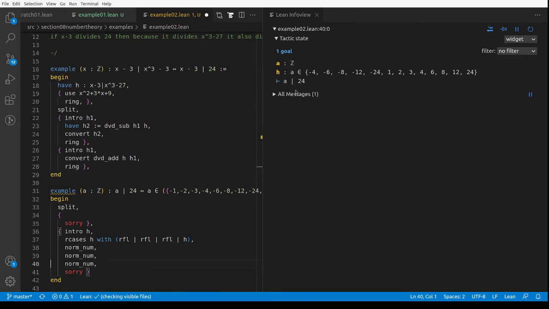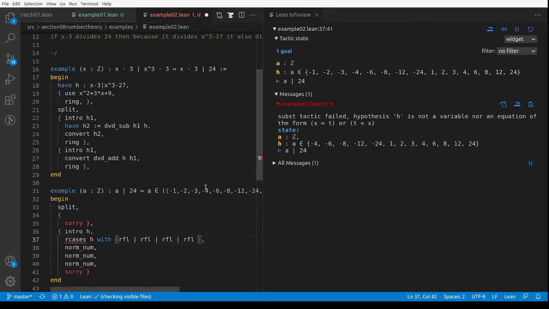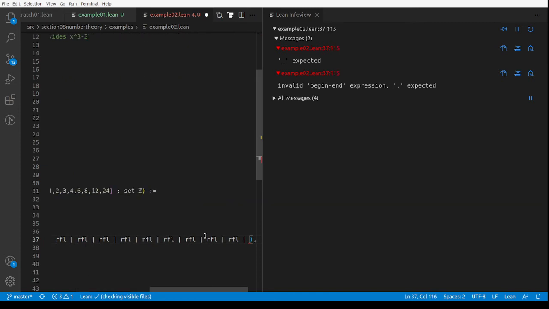You see. So rfl, that's 1, 2, 3, 4. Or, let's copy the space. That's 8, that's 12, and that's 16.